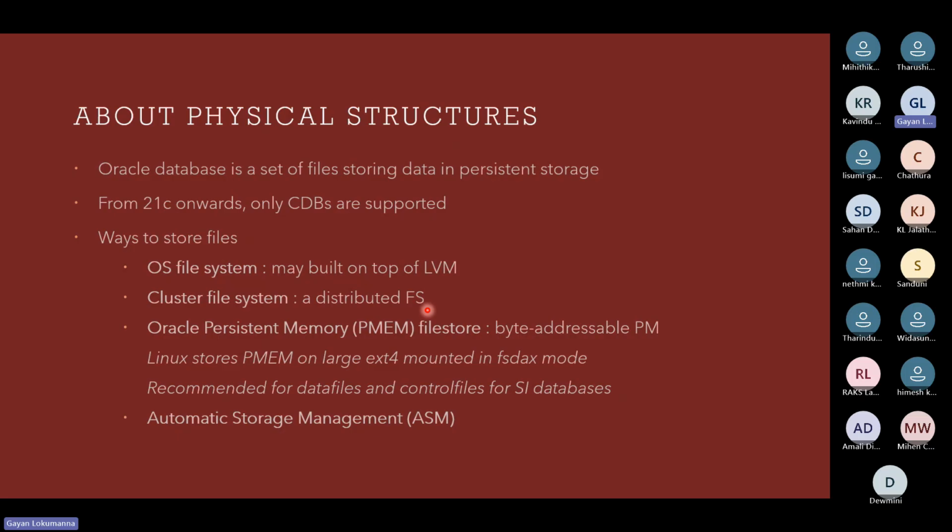And then we also have something which you might not have heard of. This is called Oracle Persistent Memory, or PMEM file store. In general, when you try to access data from disks, it is relatively slower than accessing from memory.